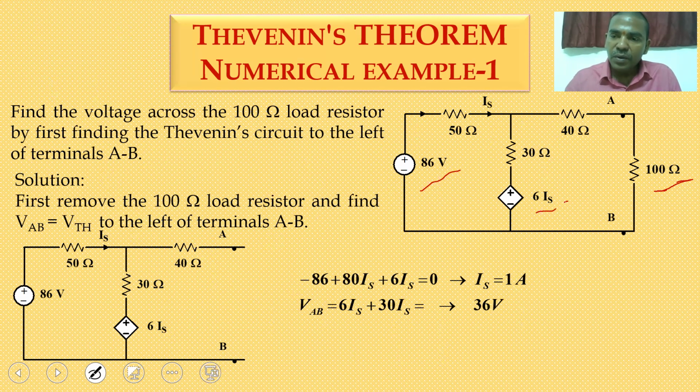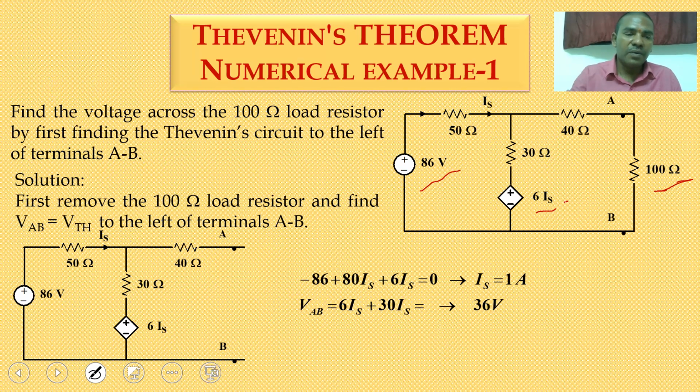Or we have to short circuit the points and measure the short circuit current. Then RTH is VTH divided by ISC, the short circuit current. VTH is the Thevenin's equivalent voltage.